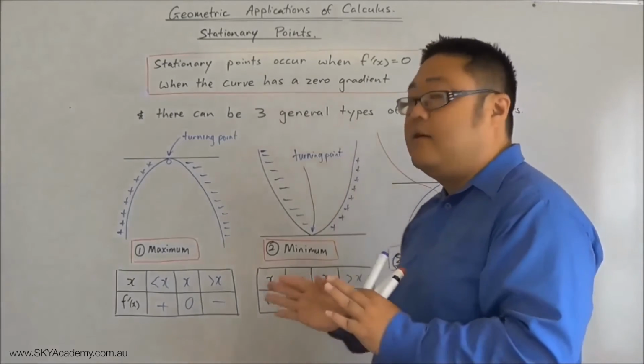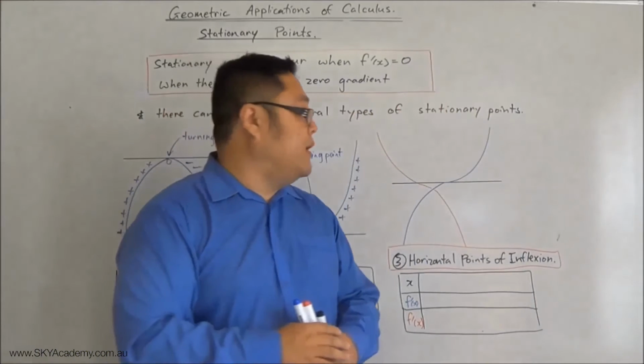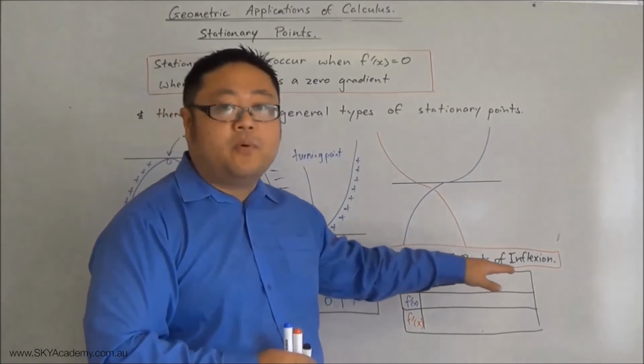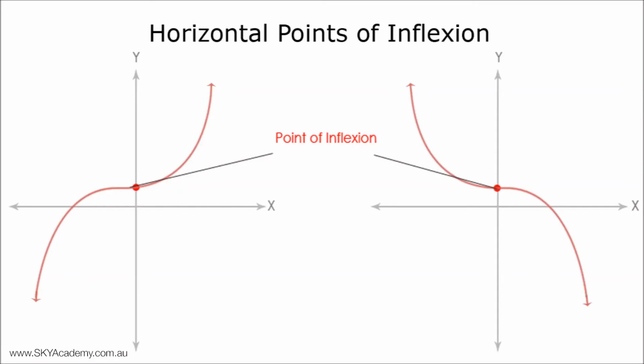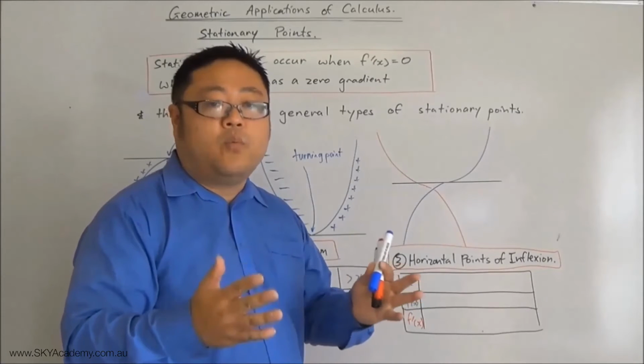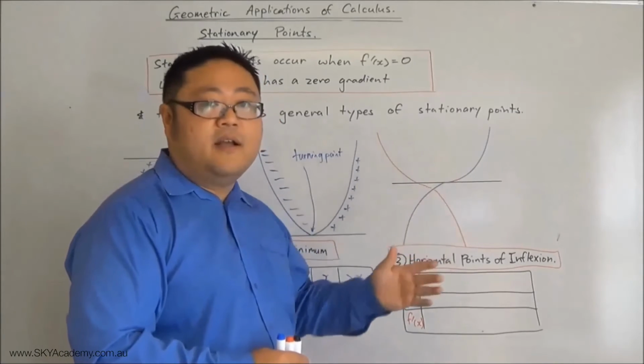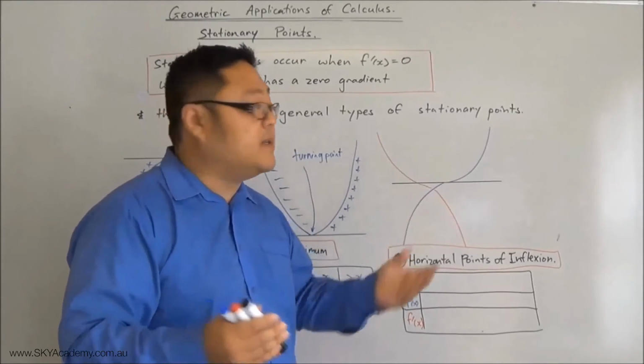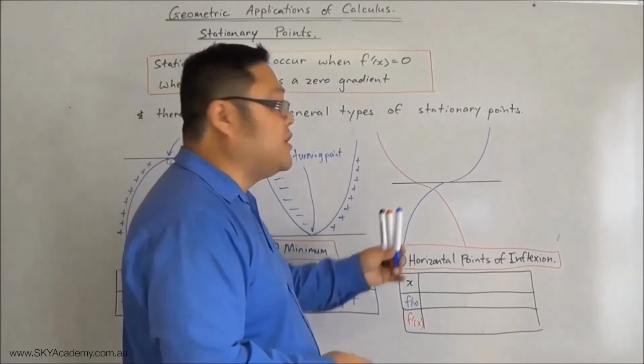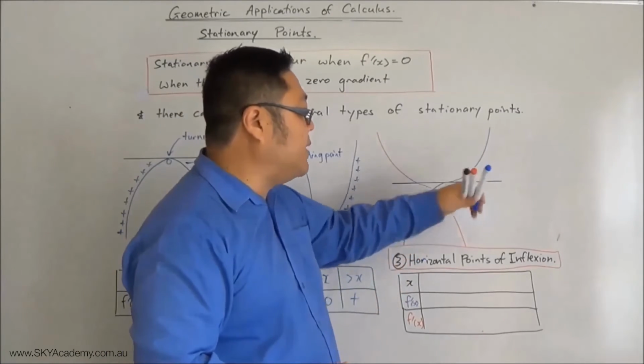The last type of stationary point is called a horizontal point of inflection. Let's see what happens at a horizontal point of inflection. There are two types, one that I've done in blue and one that I've done in red, but they're really just two sides of the same coin. Let me follow the blue curve for the time being.